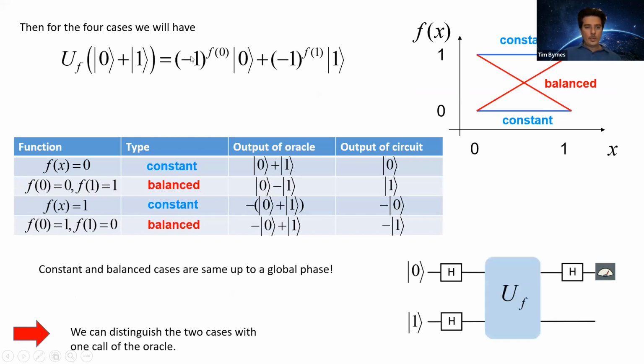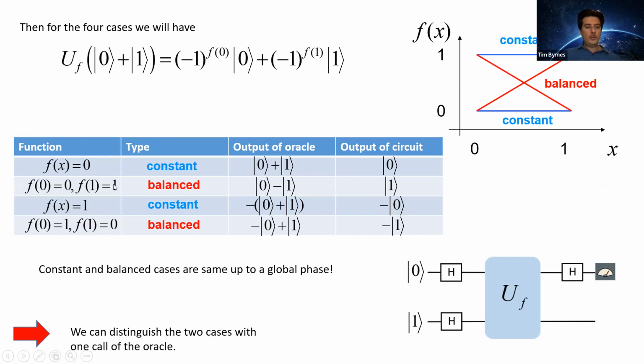The resulting state looks like this: minus 1 to the power of f(0), minus 1 to the power of f(1). Imagine we had chosen this oracle, f(x) equals 0. In this case, this is 0 and this is 0, right? So the resulting state on the first qubit is equal to |0> plus |1>.